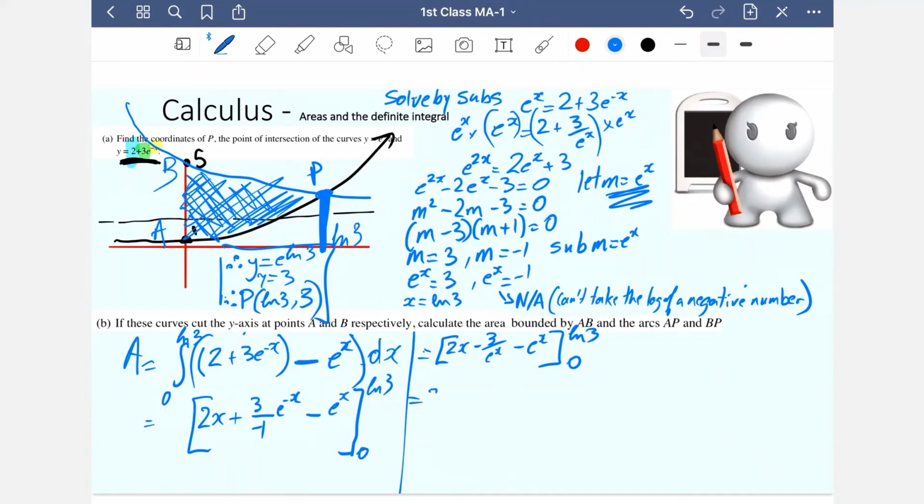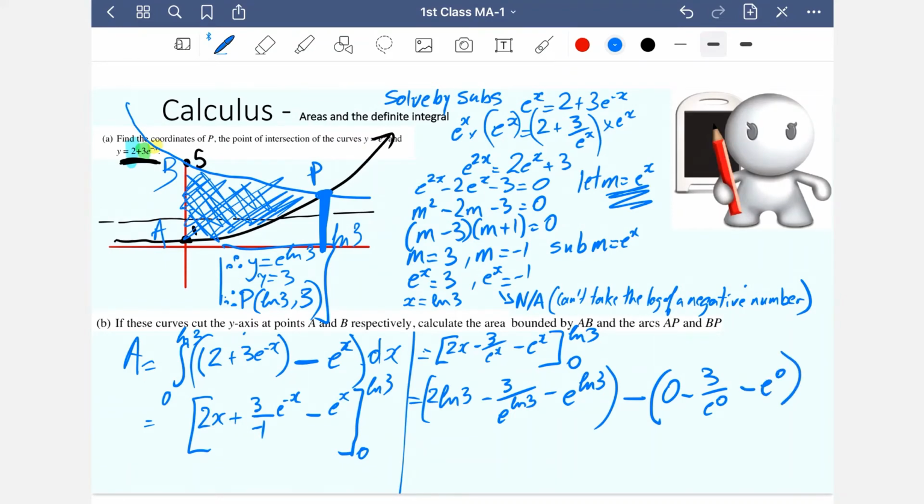Let's substitute now. So I'm going to get 2 log of 3 minus 3 over e to the log of 3 minus e to the log of 3. Then minus 2 times 0 is 0, minus 3 over e to the power of 0 minus e to the power of 0. Very quickly, e to the power of log of 3 is just going to give us 3.